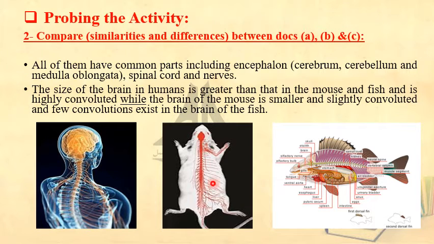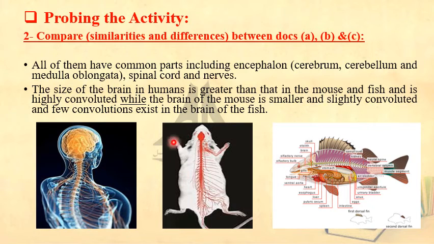Now they have shown you three figures in your book. If you open your books, pages 64-65, you have the nervous system of a human, the nervous system of a mouse, and the nervous system of a fish. If I asked you to compare between them, of course you know that all of them are vertebrates.